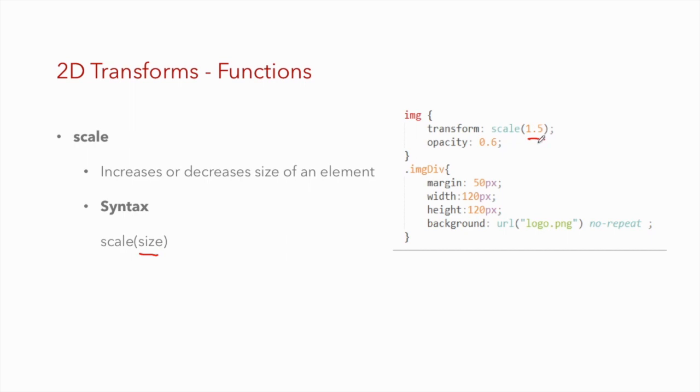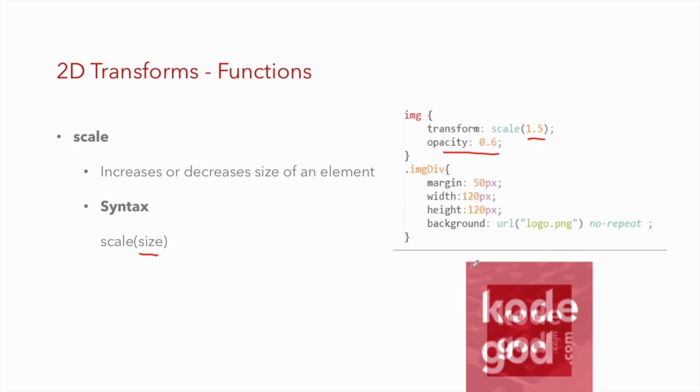That is, we are going to increase it by 50%. I'm also specifying opacity as 0.6 just to explain how it will look, because we are increasing its size. I have purposely made it a little transparent so that you can see the image behind as well.